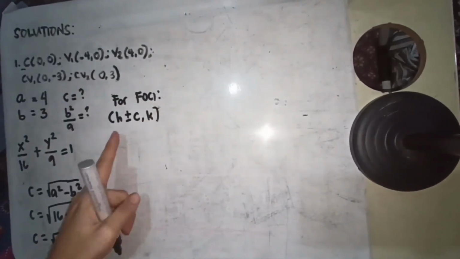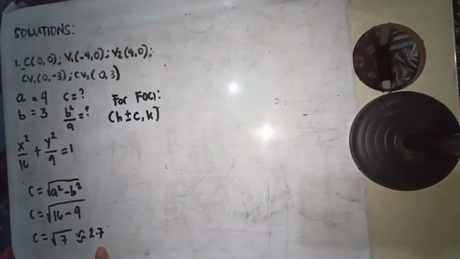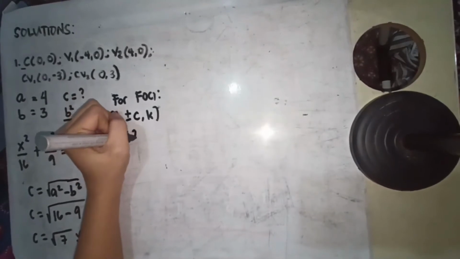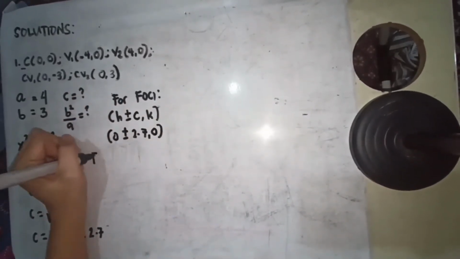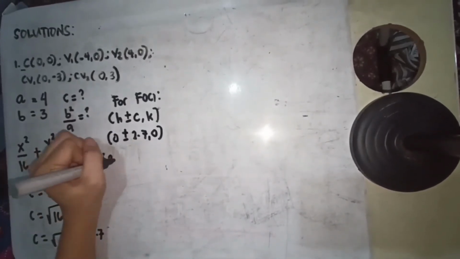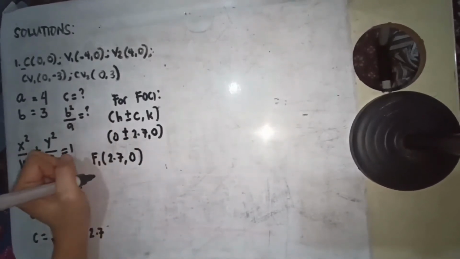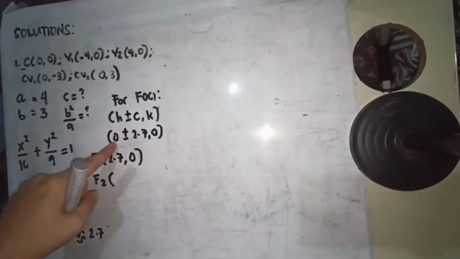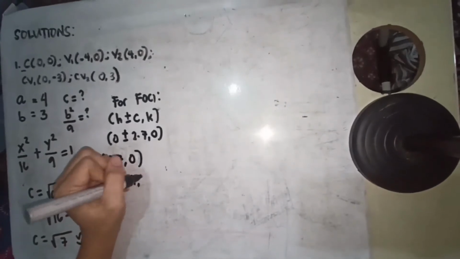Okay, our h is 0, our k is 0, our c is approximately 2.7. So we have 0 plus minus 2.7 and 0. Or we have f sub 1, that is 0 plus 2.7, that is 2.7, and we have 0. And our f sub 2, we have 0 minus 2.7, that is negative 2.7 and 0.